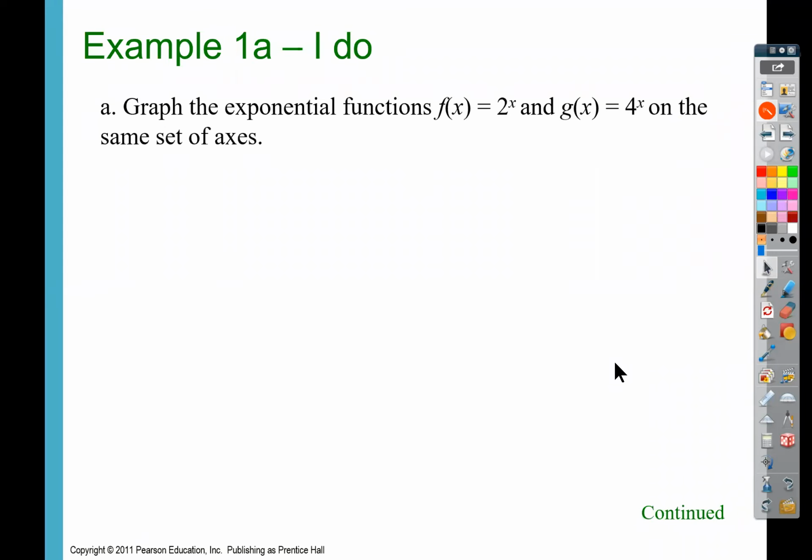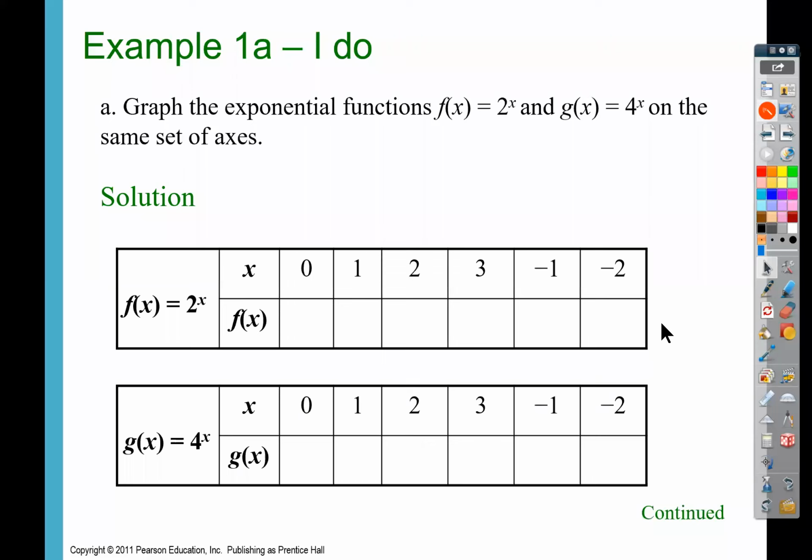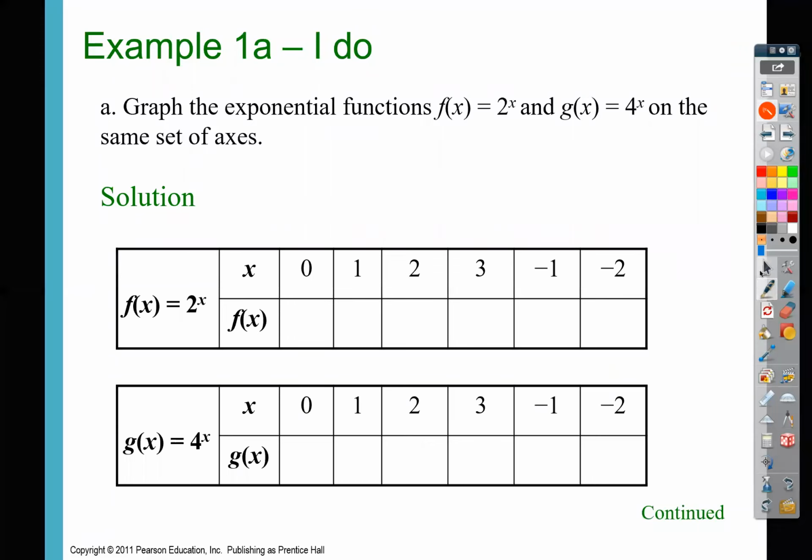So graph the exponential functions f of x equals 2 to the x and g of x equals 4 to the x on the same axis. So what we're going to do in Algebra 1, you're just going to use tables to start off with, okay?